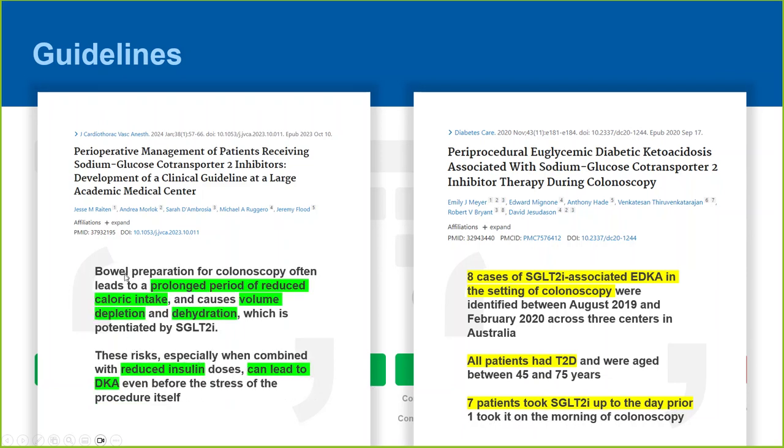They note that bowel preparation for colonoscopy leads to prolonged periods of reduced caloric intake, which causes volume depletion and dehydration, which is further potentiated by SGLT2 inhibitors, and that these risks, especially when combined with the reduced insulin doses, can lead to DKA even before the stress of the procedure itself.